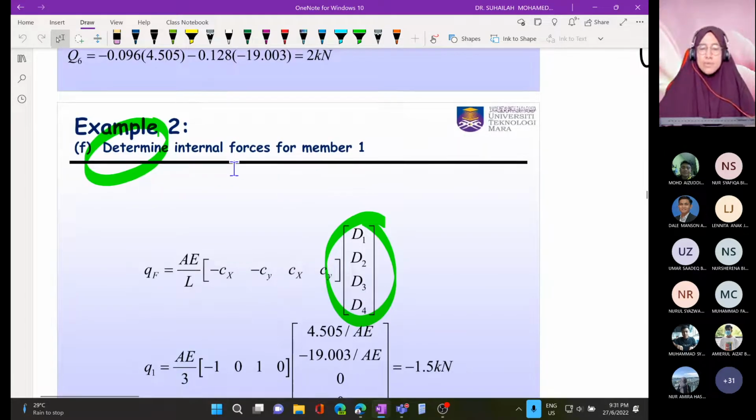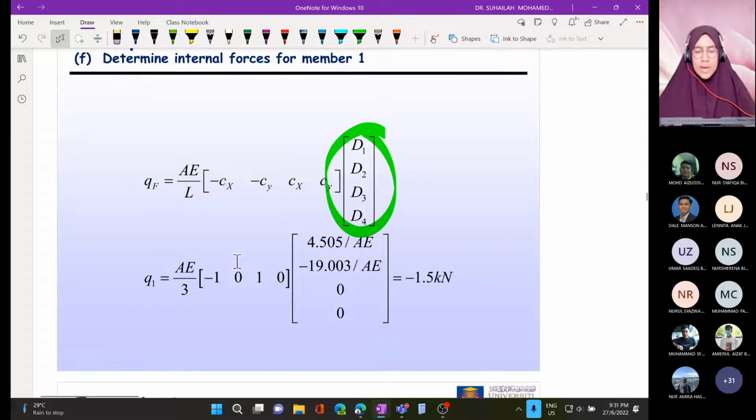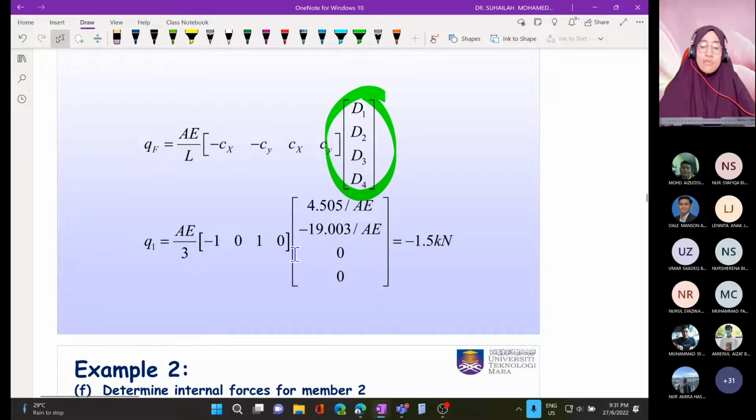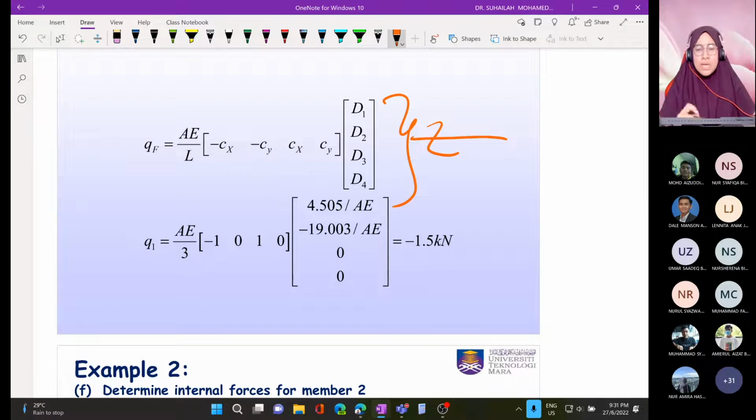Okay, and example 2 is actually showing how we calculate member forces using the formula. This is the formula. Just refer to this formula because we already have CX, CY, and we already have D1, D2, and we just need to substitute, and we get the value.